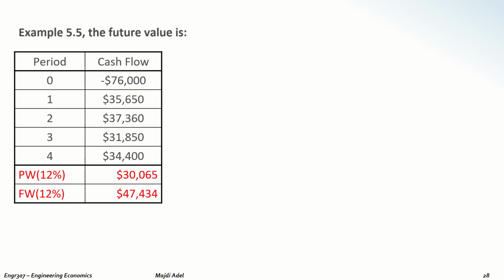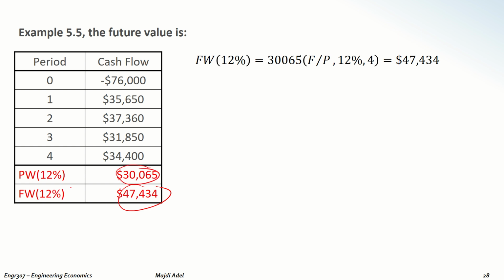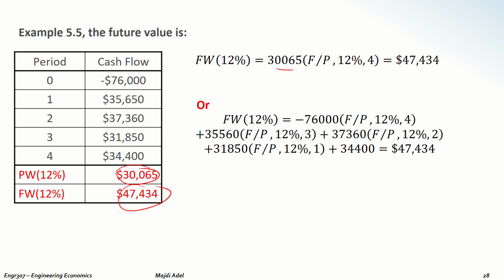Our previous example, we need to calculate the future value. The future value is $47,000, or in the equations, we can calculate it as follows. Since we have calculated the present worth, we can convert this present worth to a future worth. Or we can calculate it based on the net cash flow.